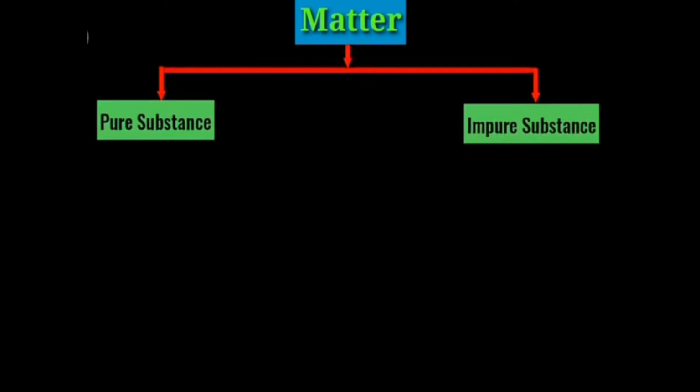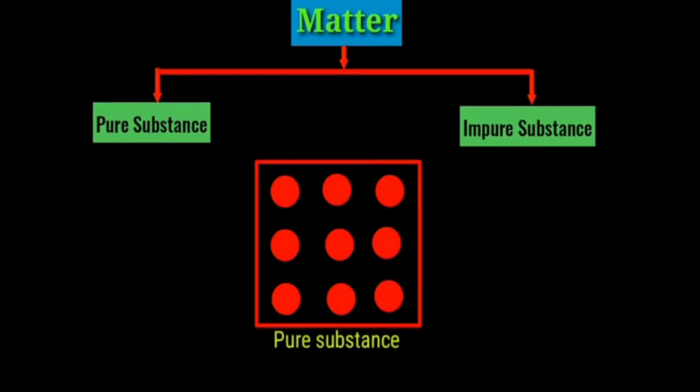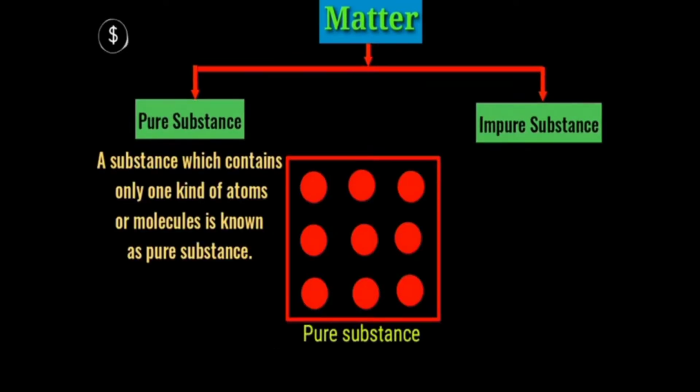on the chemical composition. Now, a pure substance is anything which contains only one kind of atoms or molecules. It does not have any mixture inside it. And as we all know, substances are made up of molecules and atoms, which we will be studying in the further chapters.